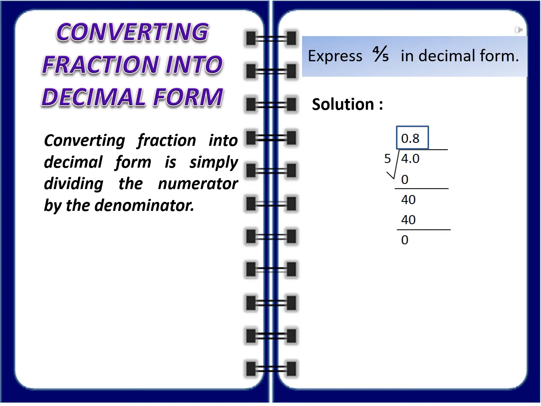Then 0 times 5 is 0. Then we bring down the 4 and add 0. Then 40 divided by 5 is 8. 8 times 5 is 40. Therefore, 4 over 5 is equal to 0.8.